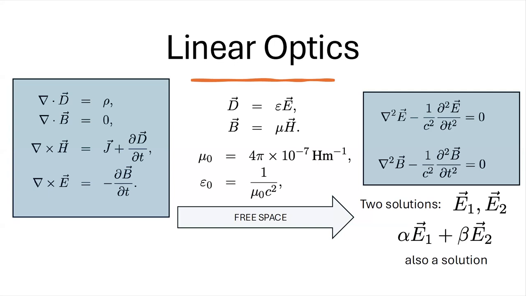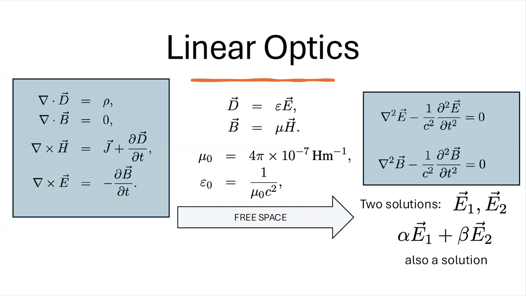Okay? And this equation is a linear equation, which means if you have two linearly independent solutions, you can superpose them and still get another solution. If you take the absolute square of that for the Poynting vector or intensity, then you can get some kind of correlation between E1 and E2, but this is only an interference, a classical interference.